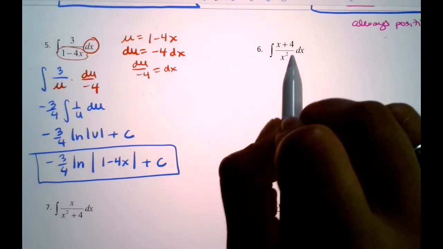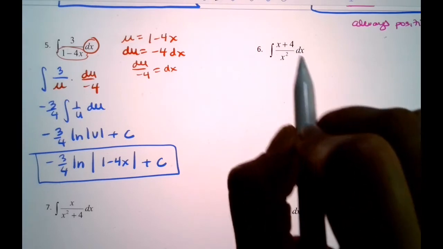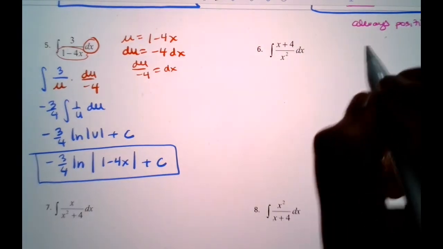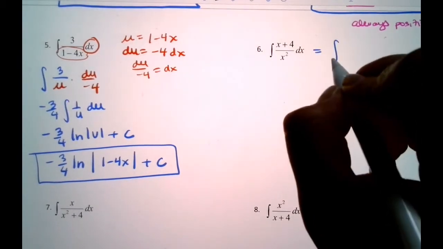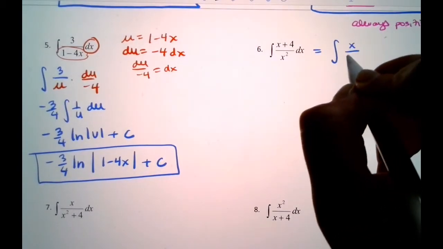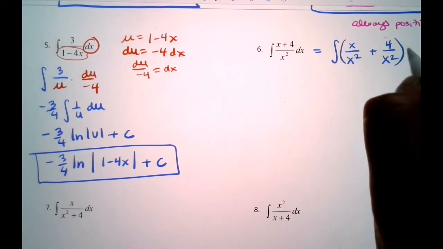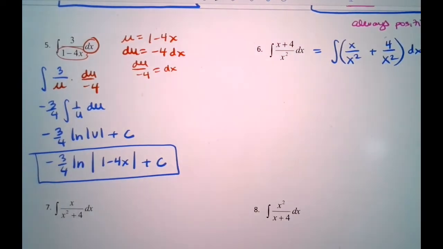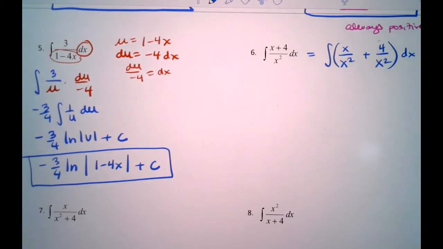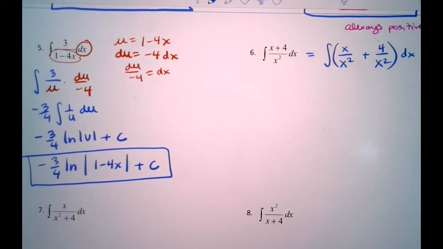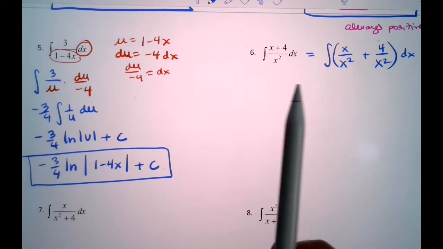What I can do is say, well, I can have x over x squared, and I've got 4 over x squared. You're unpacking that common denominator. This is absolutely appropriate for you to do, and you're just changing the way that it looks. Most of your math life has been spent with math teachers saying, get that as a common denominator and simplify your work.